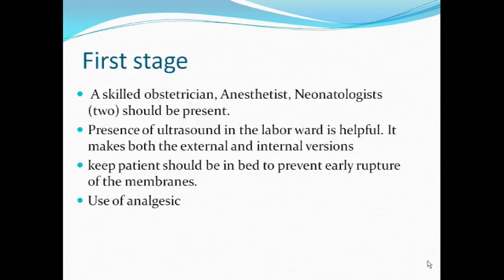In the first stage, the skilled obstetrician, anesthetist and neonatologist should all be present. There should be availability of ultrasound in the labor ward, so that it helps in the version method. Keep the patient in bed to prevent early rupture of the membranes.